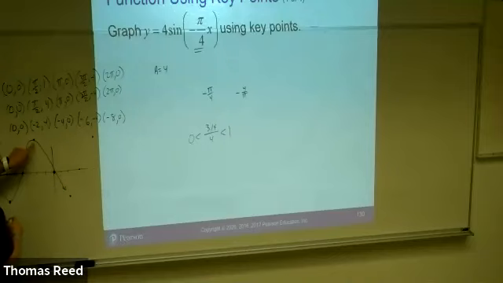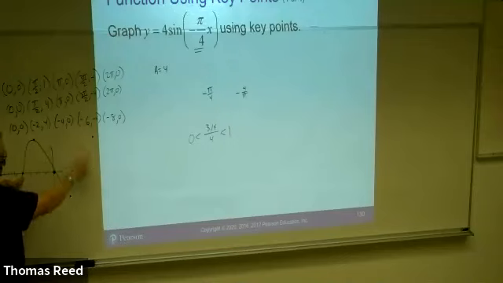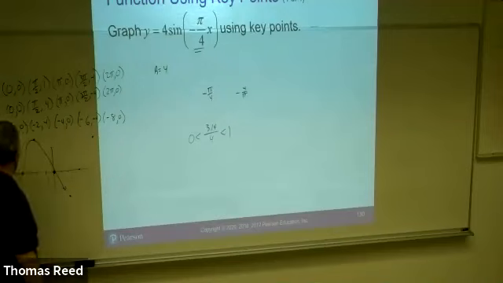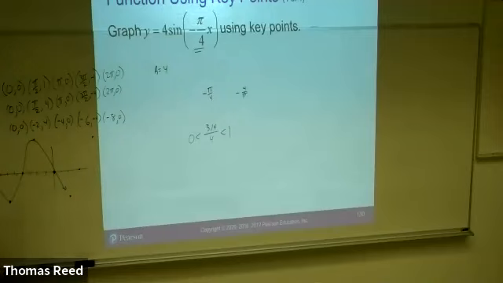So this is -2, 4, so this one's going to be 2, -4. This is -4, 0, so this one's going to be 4, 0. -6, -4 is going to be 6, 4. -8, 0 is going to be 8, 0. So it has a mirror image through 0.